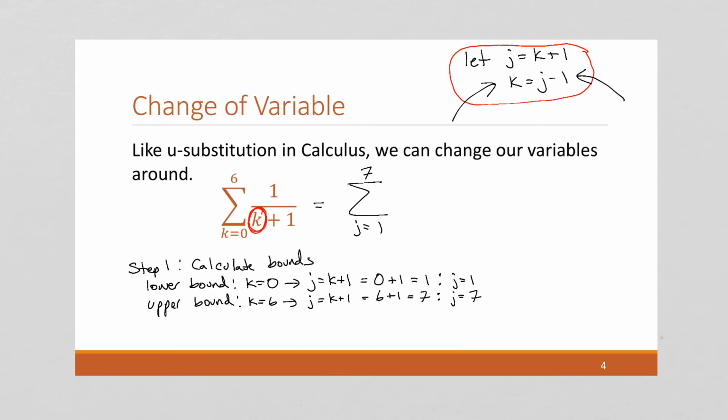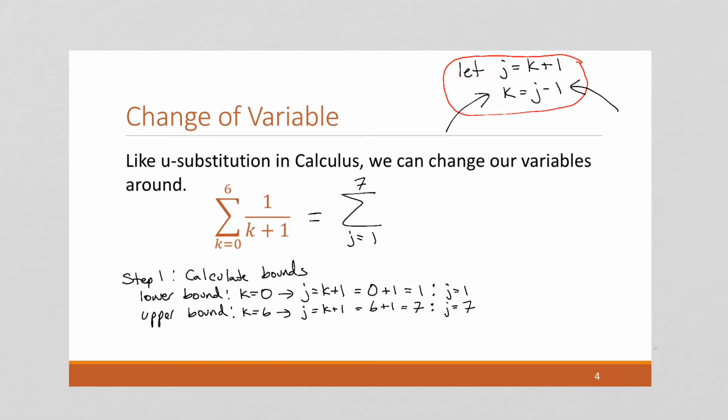Now you might be saying to yourself, well, obviously, we have k plus 1 here. We can just replace that with the j. Well, yes, in this example that works, but not every example is going to be so straightforward. So what I'm going to do is just replace the k.